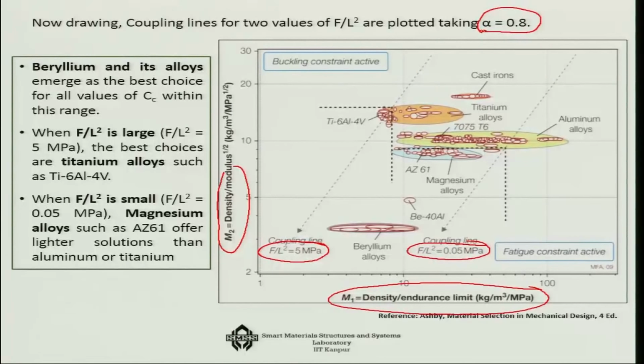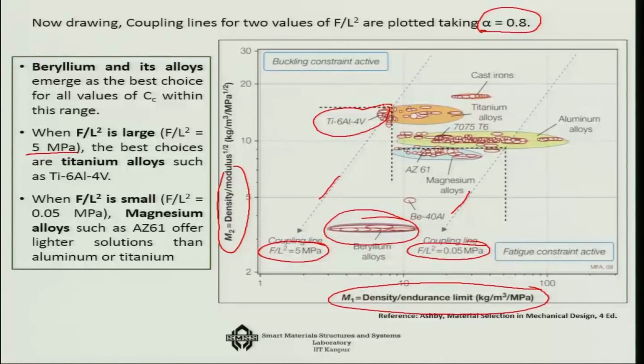Now in this coupling line, when you are towards the lower border, you can see that beryllium and its alloys are coming out as the best choice for all values of Cc within this high pressure to the low pressure range, because you are satisfying M1 and M2 both. But when F by L square is large, suppose something like 5 MPa, then the best choice is somewhere close to this line, that is the titanium alloy, Ti6Al4V, V is the vanadium.